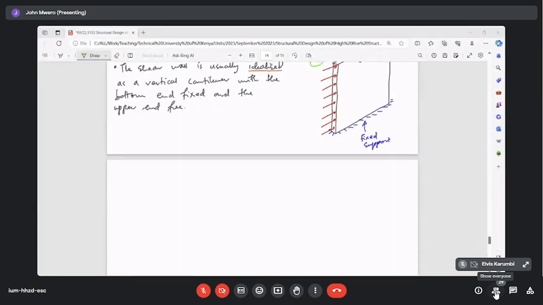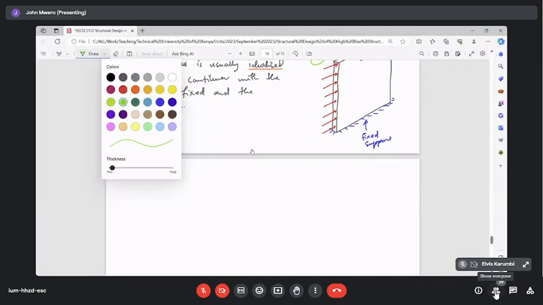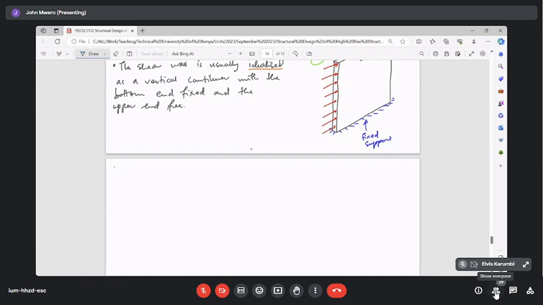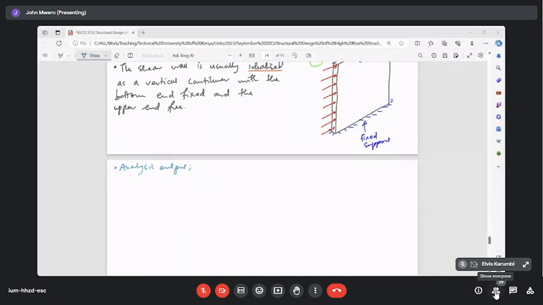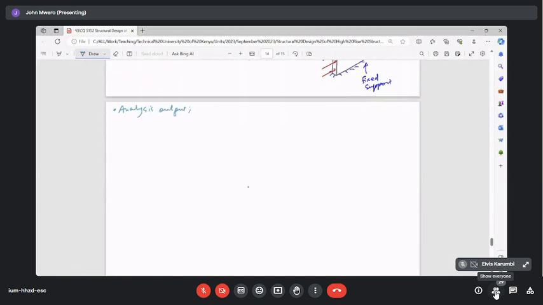Of course, if we did that, then we would get an analysis output. That output will be simply that of a cantilever element loaded with point loads.